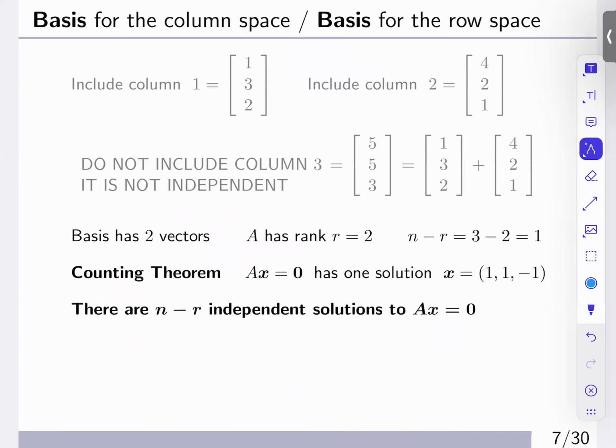Now, then comes the concept which is called the null space. Null space is basically if you have a matrix A, and there is some vector x such that when I multiply this vector by this matrix, I get zeros.